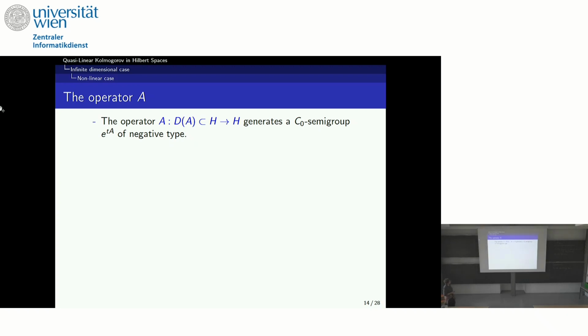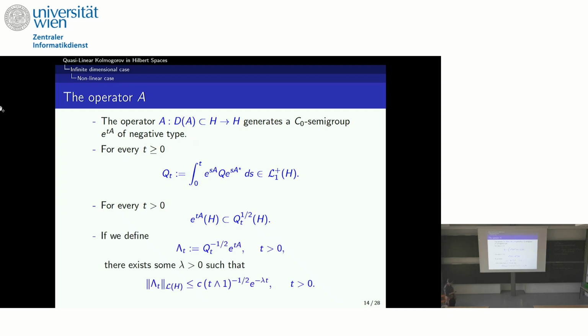So what do we ask on the operator? We ask the operator to be a generator of a C0 semigroup of negative type, and then we ask the typical requirement on P_t, to be trace class, and then we ask the same controllability condition that Federica was mentioning before lunch, so that this operator is well defined, and also we need some regularization property because we look for classical solutions.